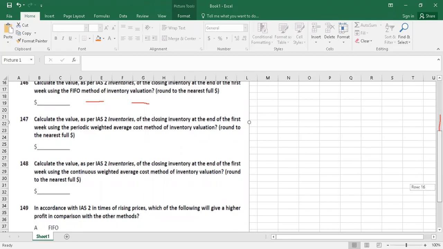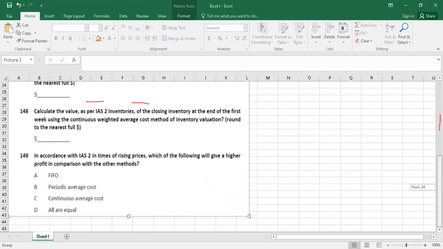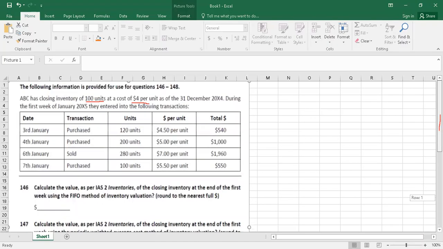Periodic weighted average cost method, continuous weighted average cost method, and there is one more bit which is asked: if FIFO method is used, or in case of rising prices, which method is a better option is what is the question. So all the bits, let's solve them.